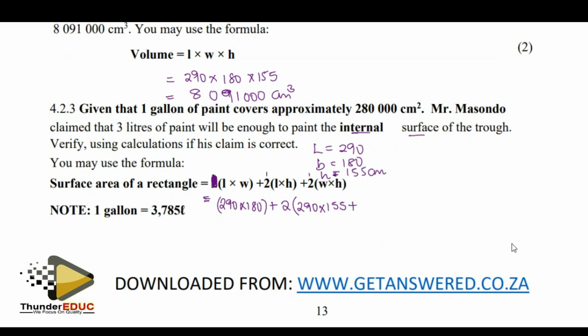So which will become the breadth, times, so that will become 290 times 180.